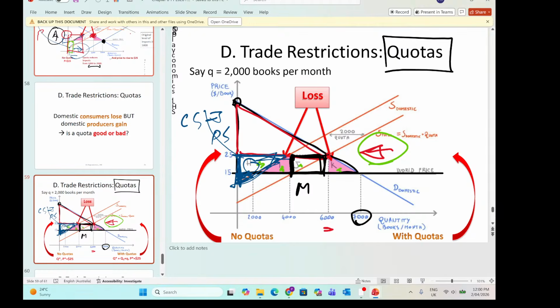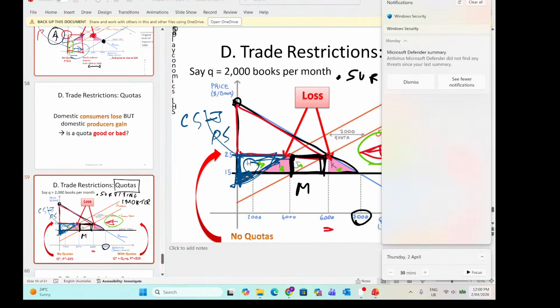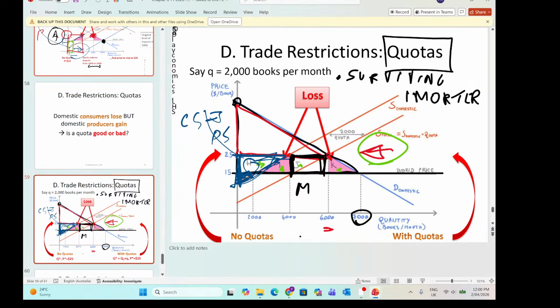Well, there's two possibilities here. Possibility one is the surviving importers. Now, who are they? Well, we don't know, but we do know that originally, before the quota, 5,000 imports were allowed in, and now there's only 2,000.